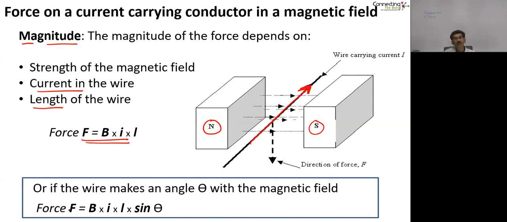Just understand the implications of this. If theta is equal to 0, which means that the wire is parallel to the magnetic field, what does the force become? And when the wire is perpendicular to the magnetic field, theta is 90 degrees. In that case, what does the force become? Think about it.